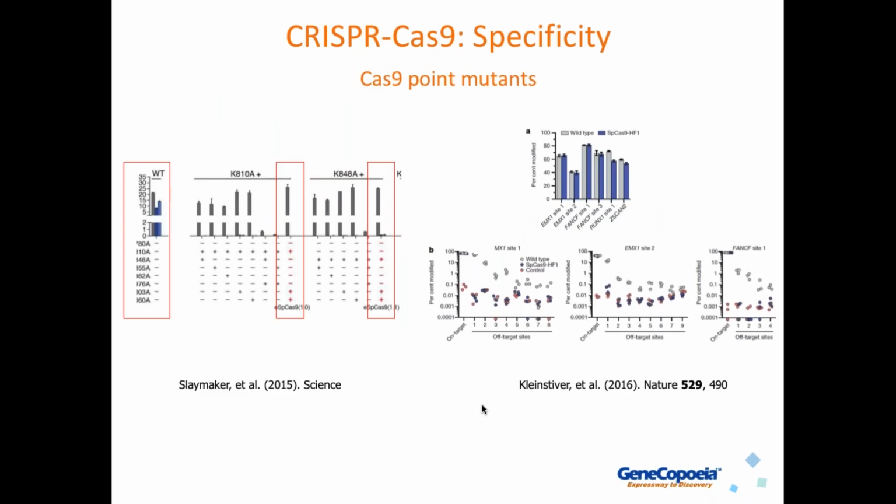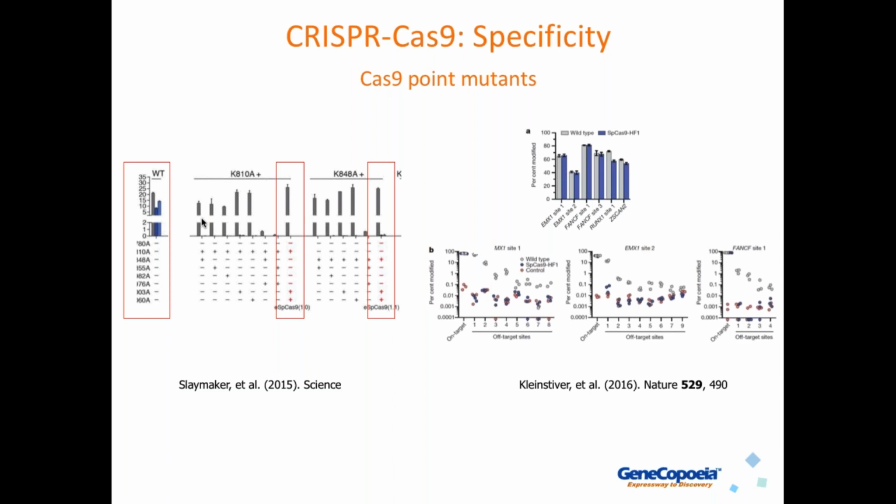Another technological development that has come along to mitigate the off-targeting issues of CRISPR has come from a number of Cas9 point mutants isolated by the groups of Feng Zhang and Keith Young. Shown here are results from both of those labs, where they isolated a number of Cas9 point mutants that destabilize their interaction with the single guide RNAs.